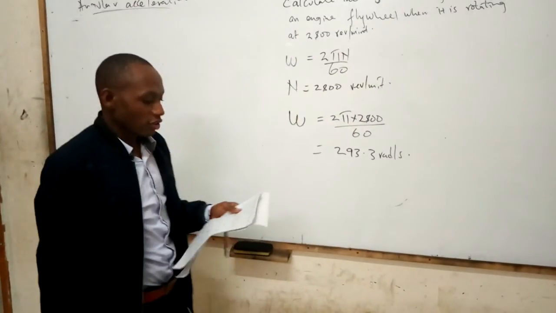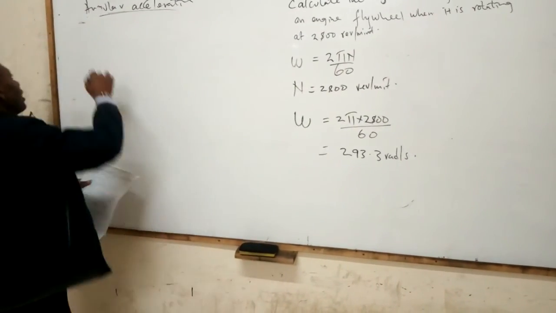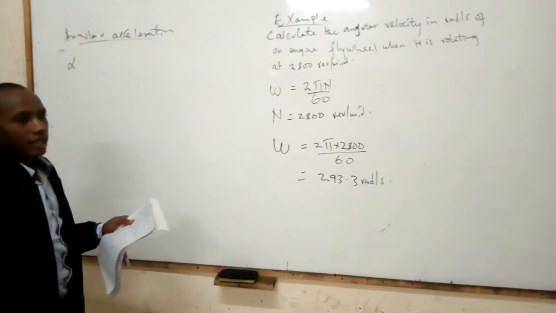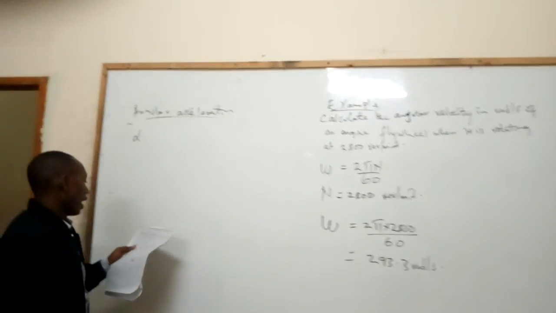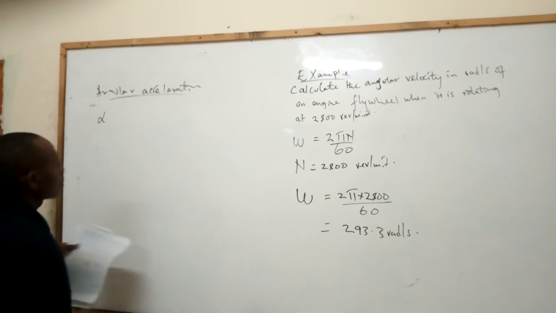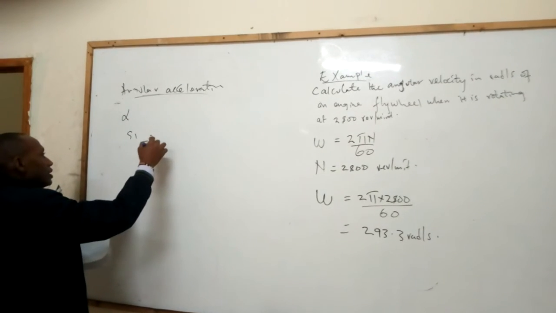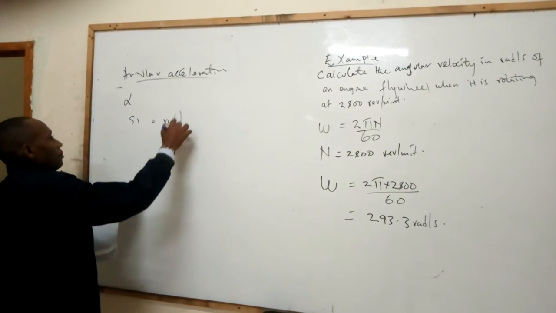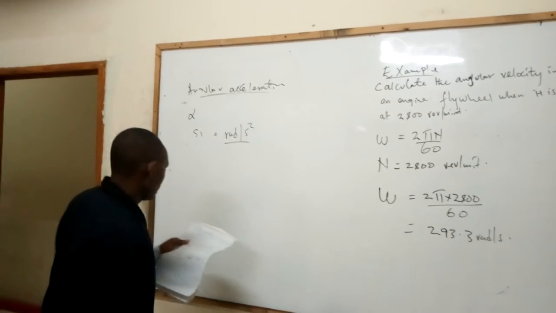It is denoted by the Greek letter alpha, and the SI unit of angular acceleration is radian per second squared.